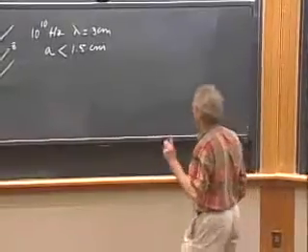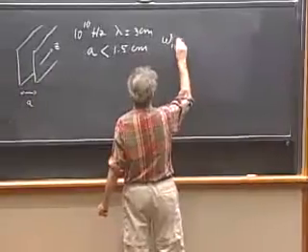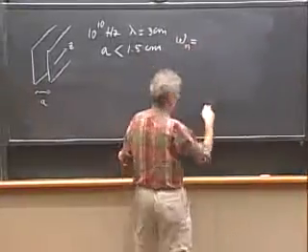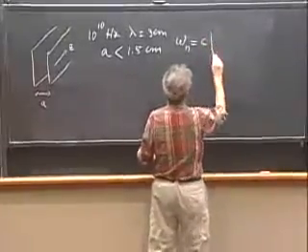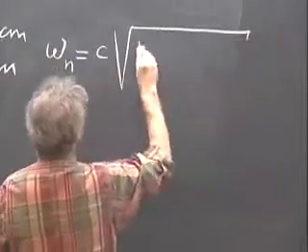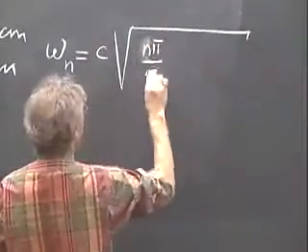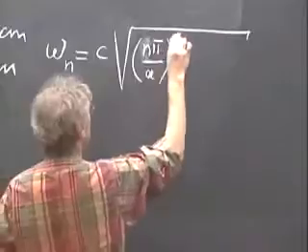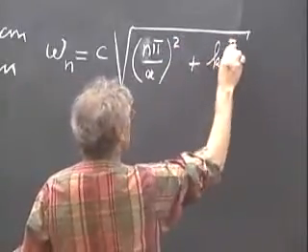But I want to show you what that dispersion relationship will be if we have done our homework. Omega n, whereby n equals 1, 2, 3, 4, 5, equals c times the square root of (n pi divided by a) squared plus k of z squared.